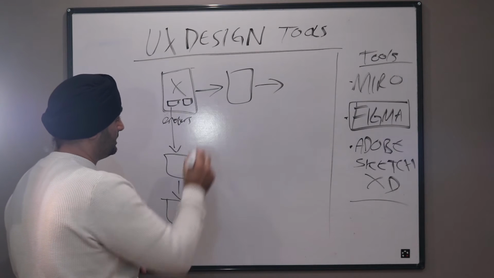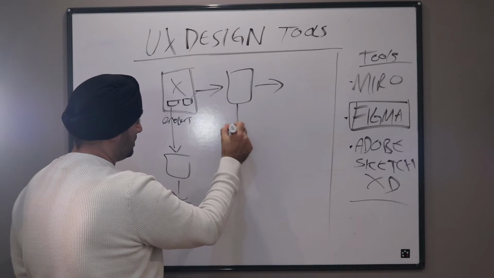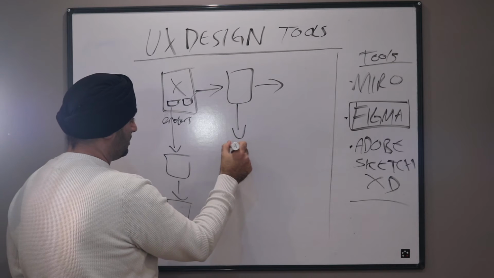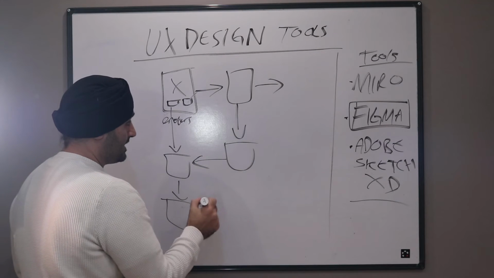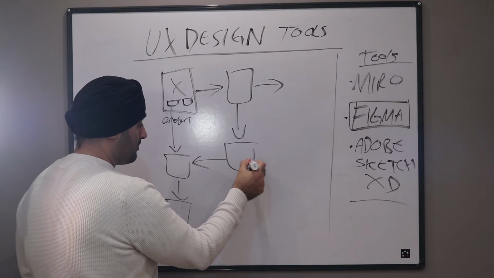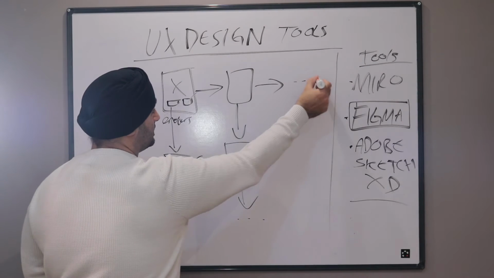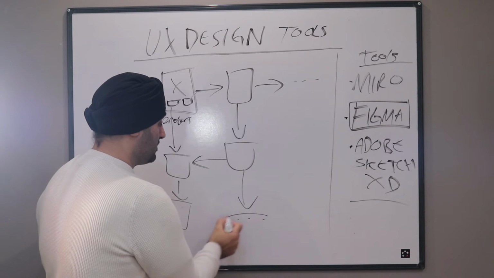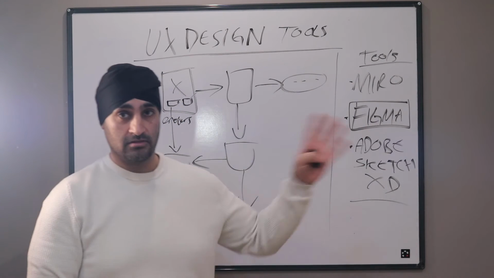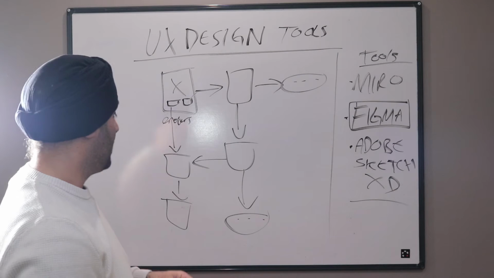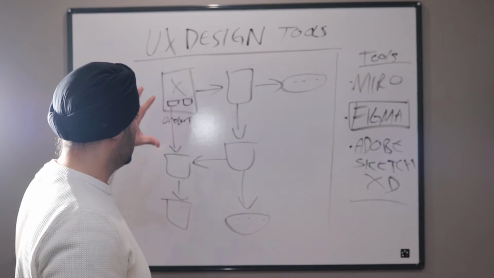And if they go to this one, then they might go here, or then to this one. Then this one might send them back to that. This one might send them somewhere else, right? And obviously this represents more, meaning there's more to this journey, but I'm just showing you. So this is a user experience journey flow, right?